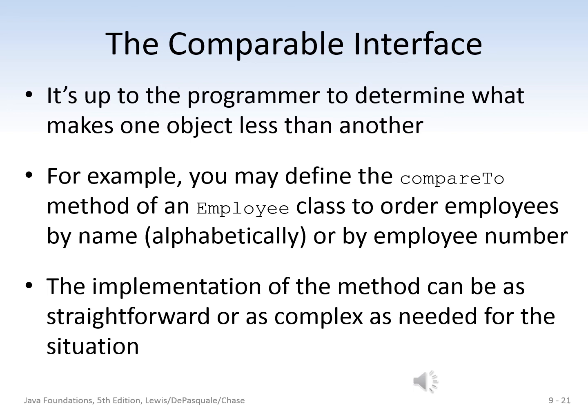The implementation of the method can be as straightforward as comparing employee numbers, or as complex as it needs to be to differentiate objects so that the result is less than, equal to, or greater than.